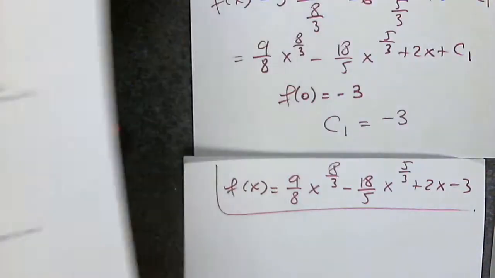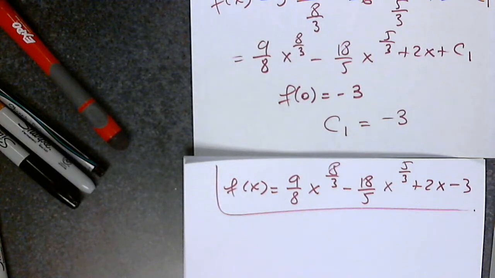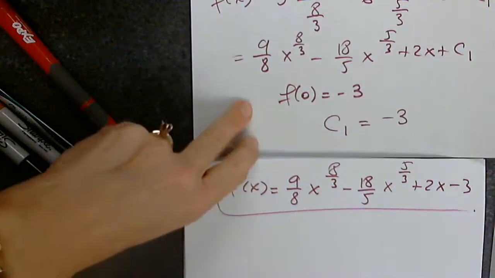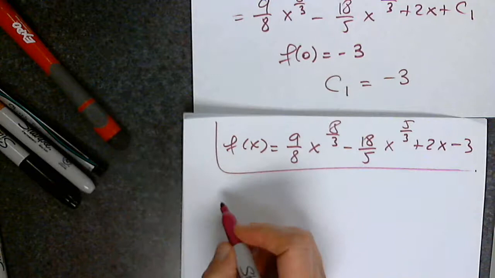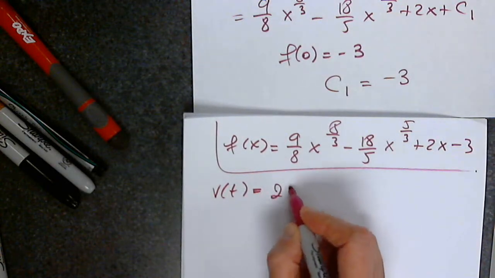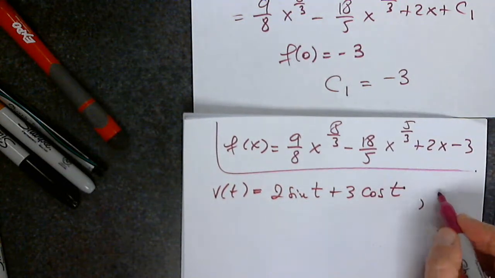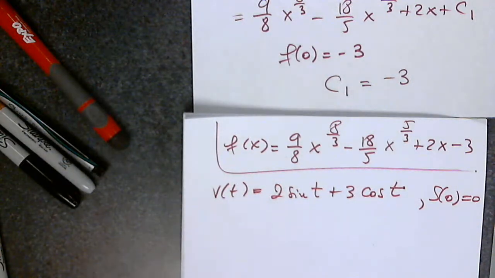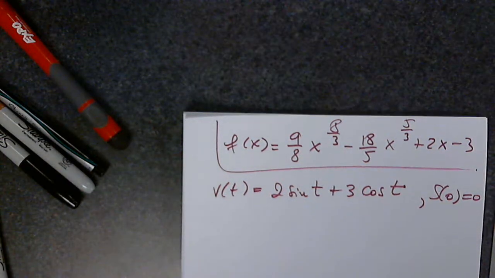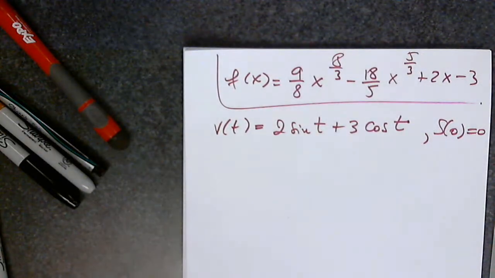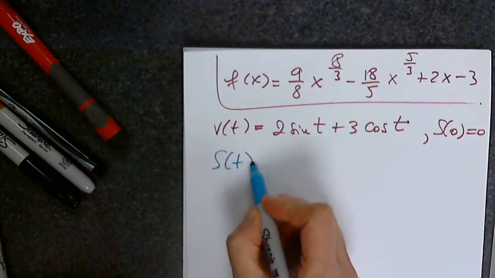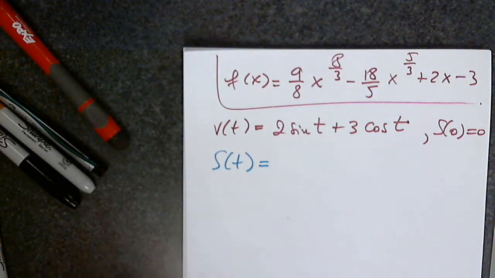Yes. Okay, sure. A particle is moving with a given velocity and acceleration. Find the position function of the particle, s of t. So the first example is v of t equals 2 sine t plus 3 cosine t, and we are told s of 0 is 0. So I'm given the velocity, I'm asked to find s of t, the distance function.